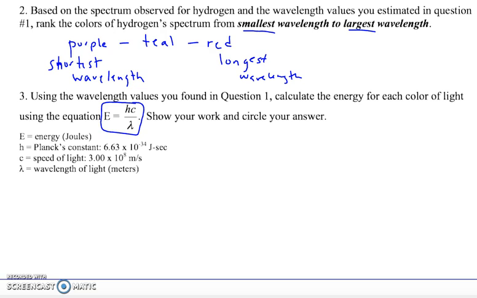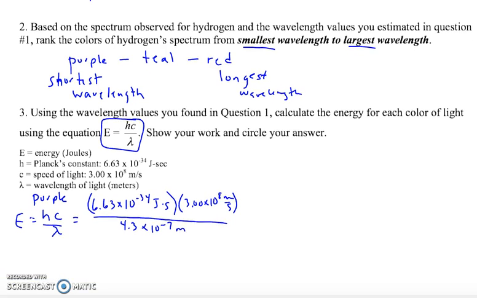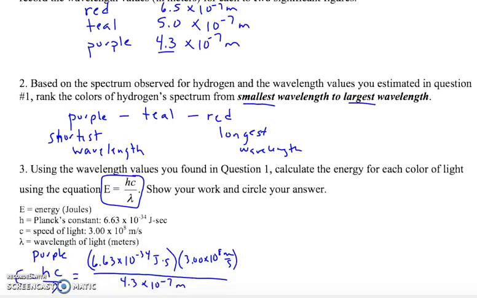We're going to do it once for the purple, where we substitute the h and the c: 6.63 times 10 to the -34 joules times seconds, multiplied by the speed of light at 3.00 times 10 to the 8th meters per second, and divided by the wavelength of the purple, which was 4.3 times 10 to the -7 meters.